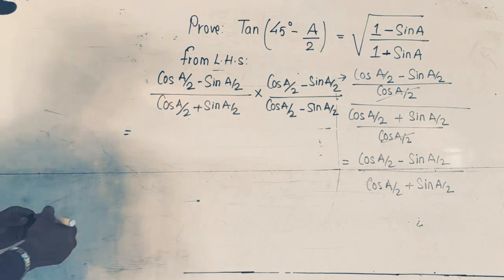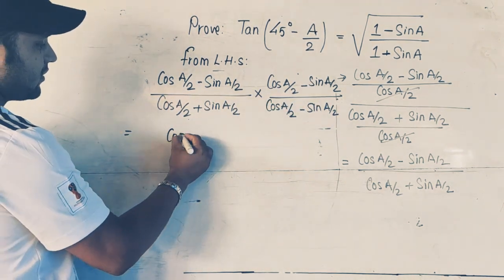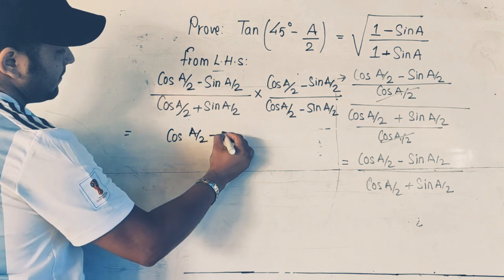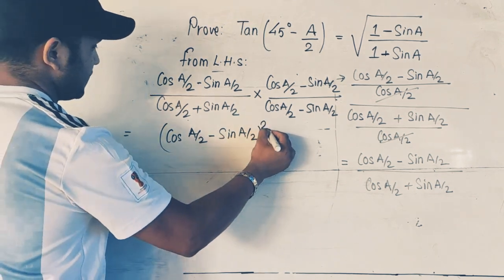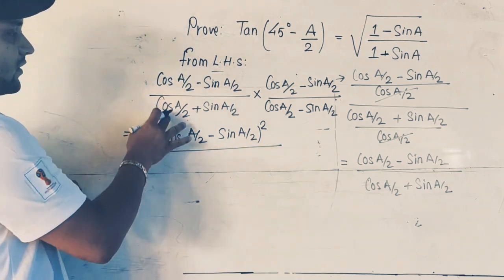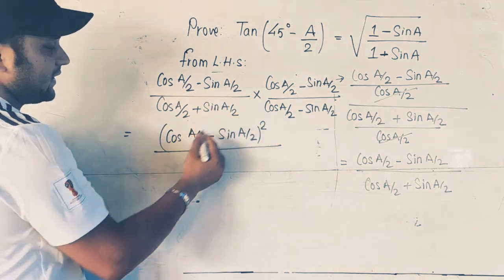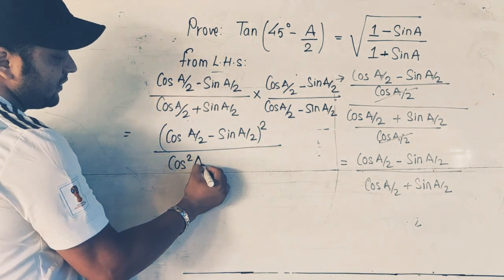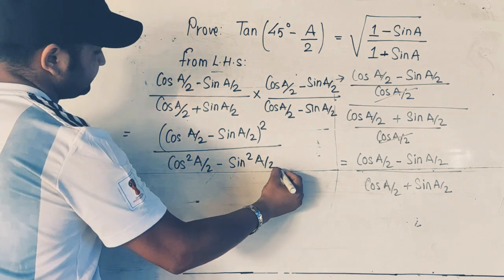Now we can see that cos A/2 minus sin A/2 into cos A/2 minus sin A/2 gives you cos A/2 minus sin A/2 whole square. And in the denominator you have cos A/2 plus sin A/2 into cos A/2 minus sin A/2, which looks like (a + b)(a − b), so we can write a square minus b square.